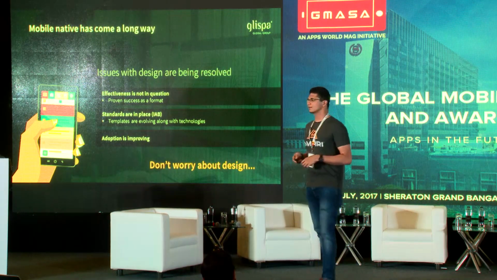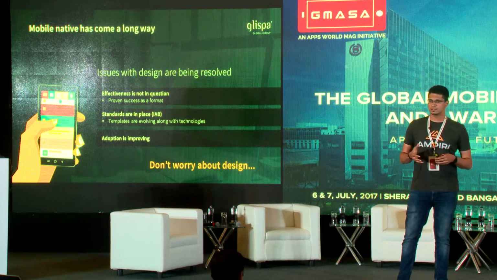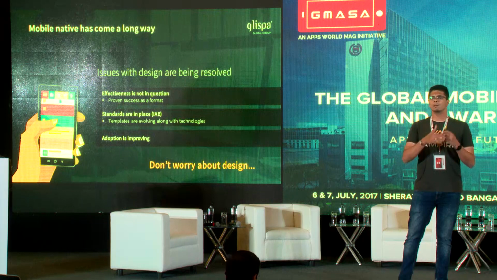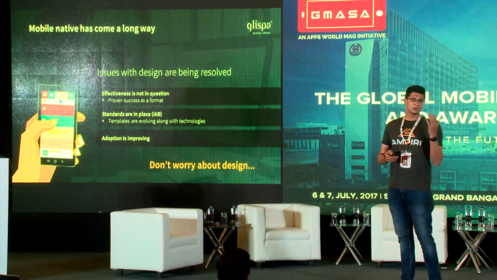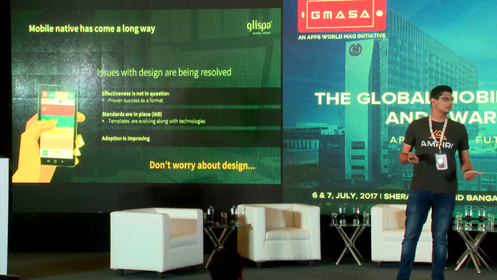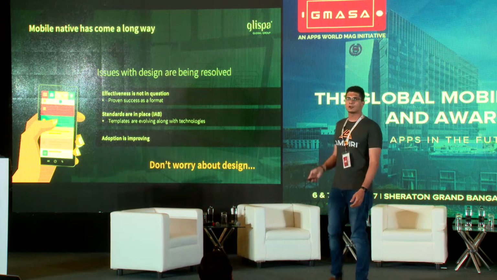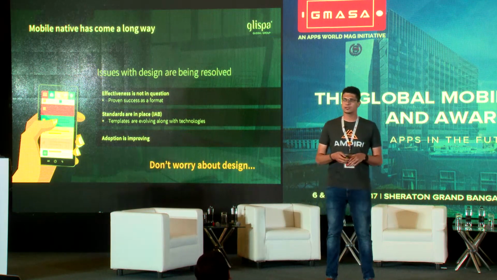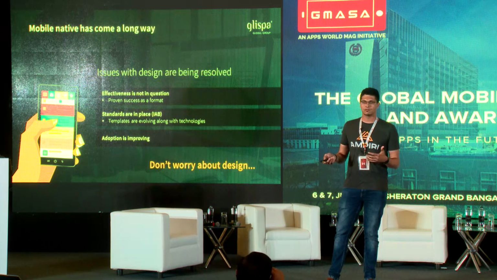The second thing is the Internet Advertising Bureau, the IAB, has come up with certain rules and standardizations which will help you play by the rules and not get kicked out by any network, may it be Google's AdX or InMobi or any of the demand sources that exist. And the third thing is adoption is definitely improving because both the demand and supply side see the benefits in this ad format.